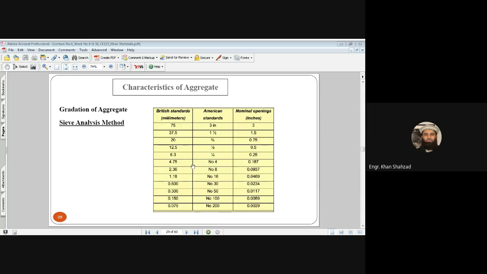Do you know linear inch? What is a linear inch? Yes sir, it is 1 inch.